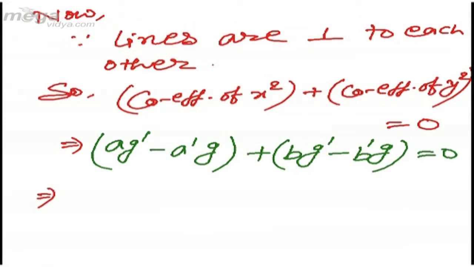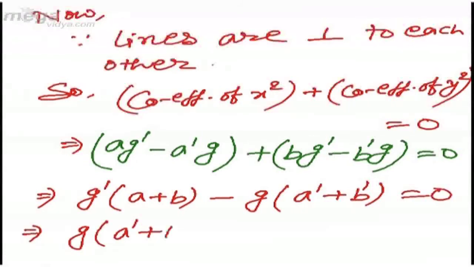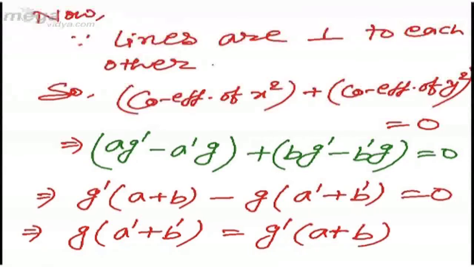Now after simplification, you can see here from these two, if you take g dash common, it will be a plus b, minus g common, it becomes a dash plus b dash, is equal to 0. So g into a dash plus b dash is equal to g dash into a plus b.